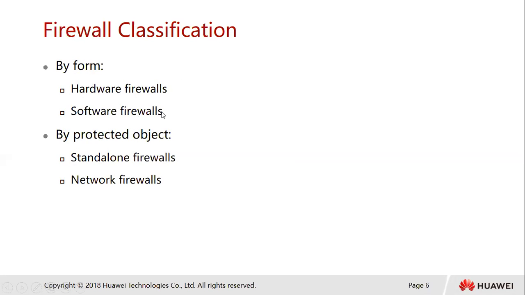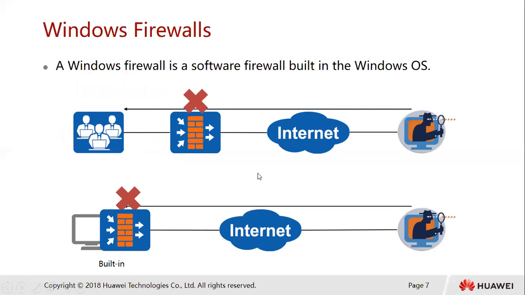This is software like the one that you have on your laptop. So Windows comes with a firewall. That is what we call a software firewall, the one which is inside your laptop. By protected objects, these are standalone firewalls or network firewalls. Okay.